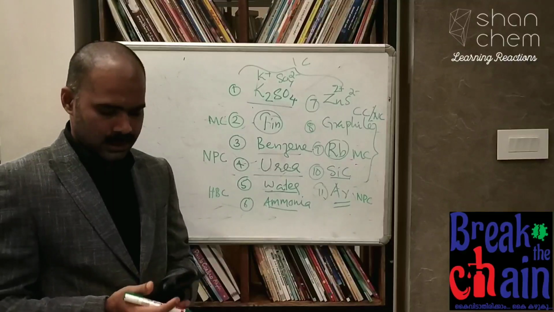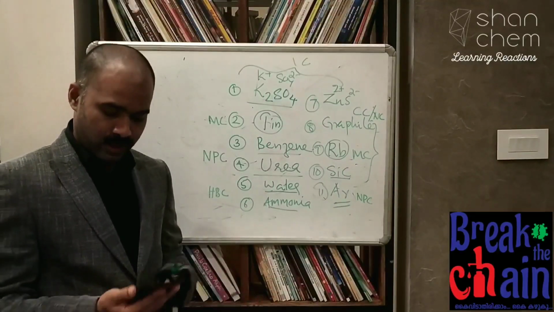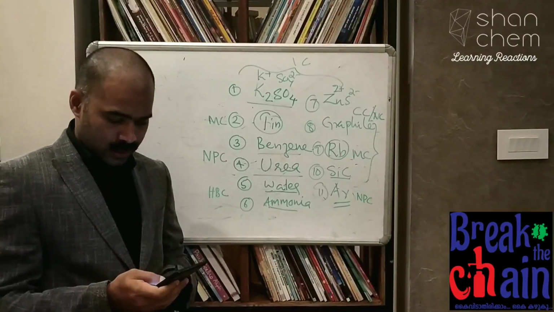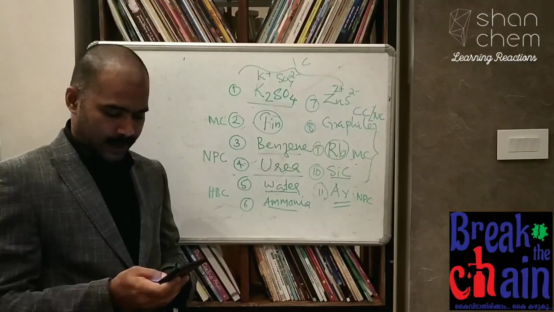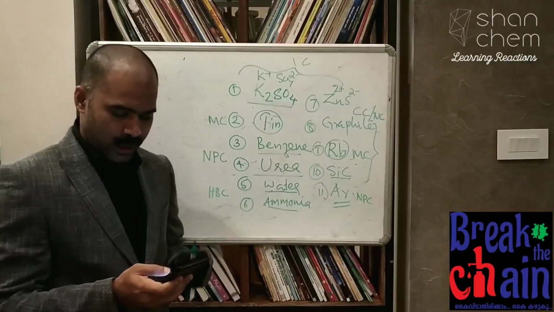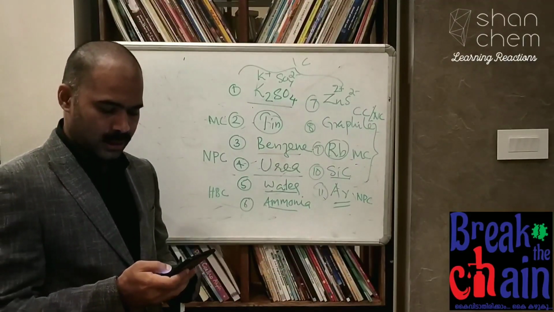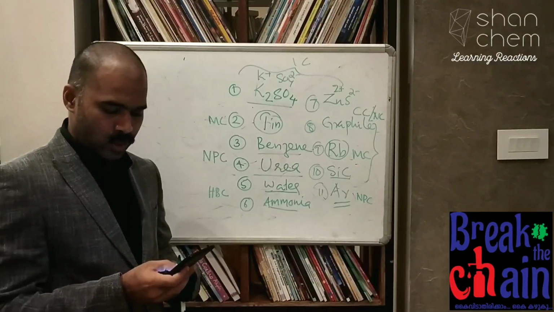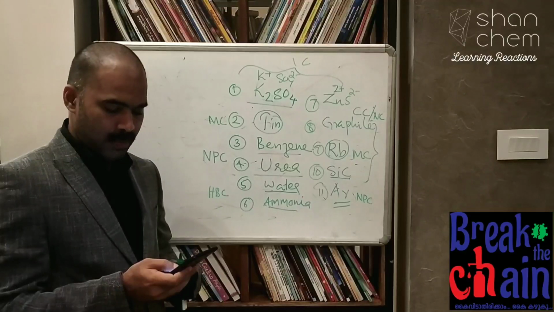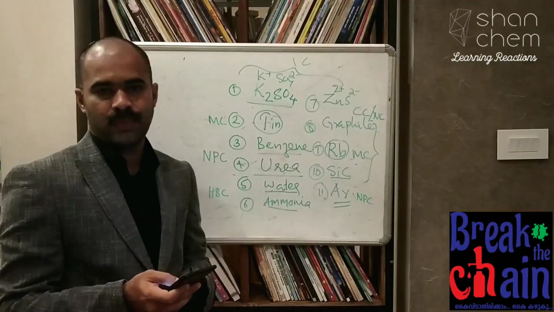Okay, this is another question. Then next question. Solid A is very hard, an electrical insulator in solid as well as in molten state, and melts at extremely high temperature. What type of solid is it?